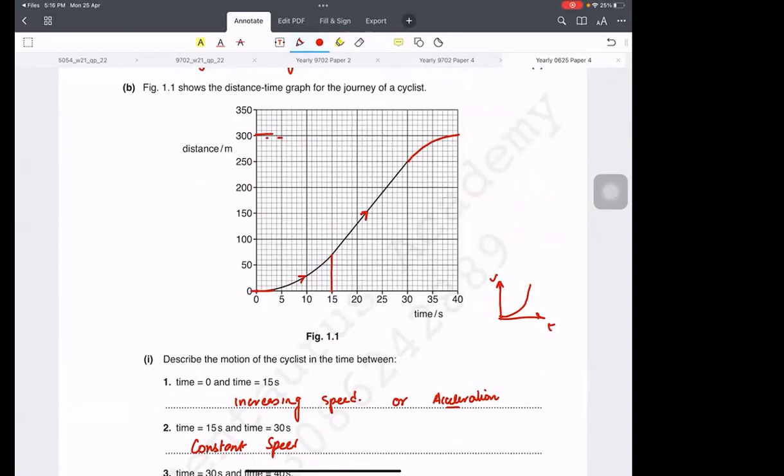So now what you need to do is take the gradient. So one of your points here is 30 and 250, and here it is 15 and 70. Now what you do? Take gradient. 250 minus 70 divided by 30 minus 15.